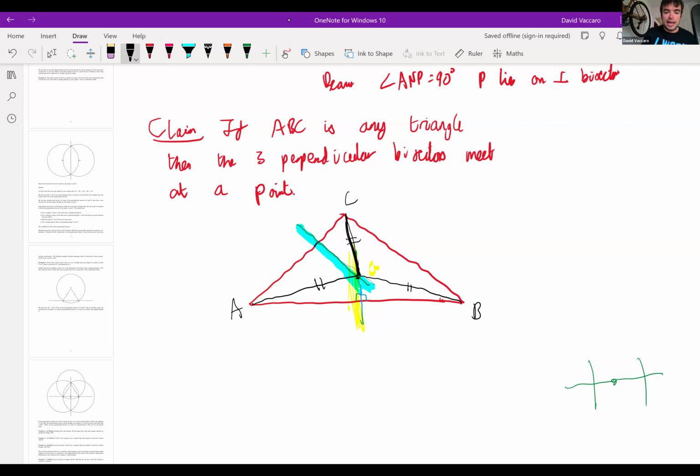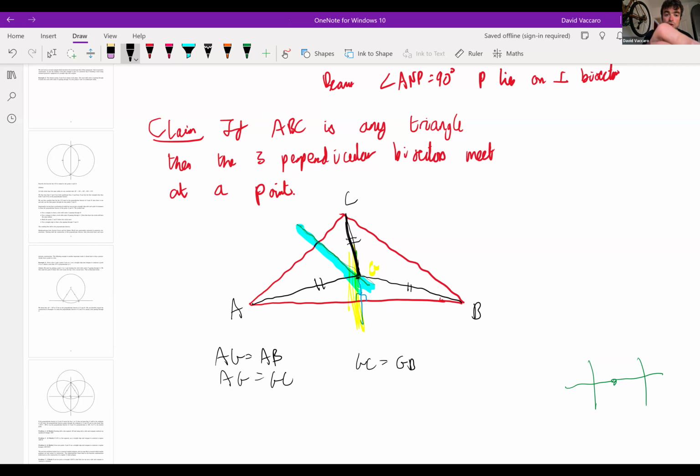But now AG is equal to BG because it's on the perpendicular bisector of AB. But AG is equal to GC. So now we can conclude that GC is equal to GB.